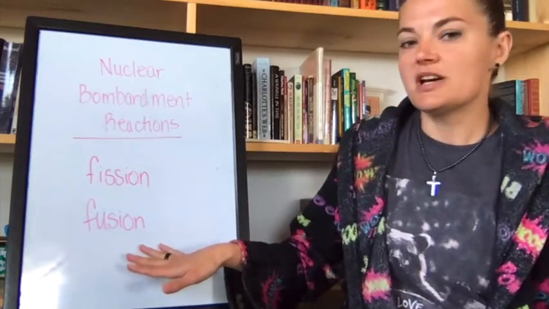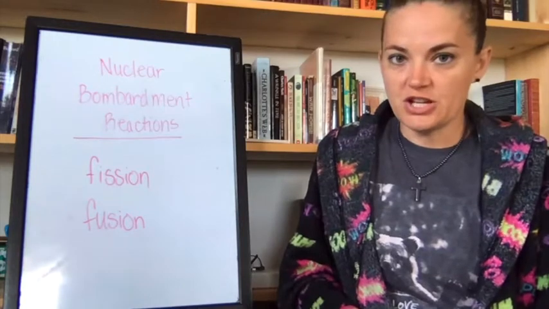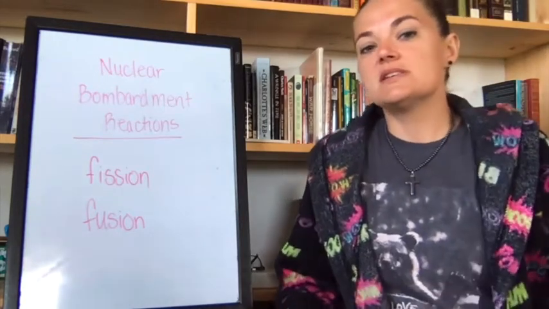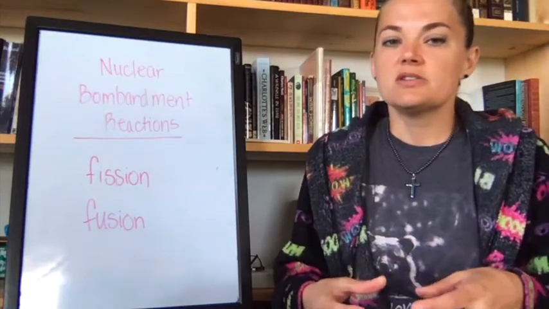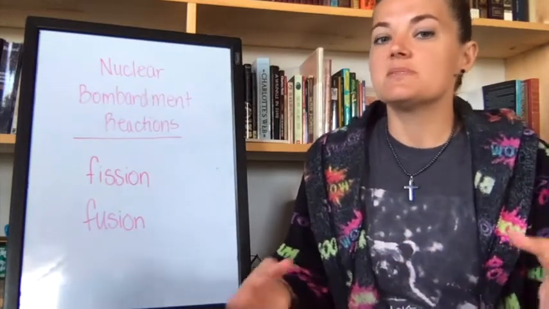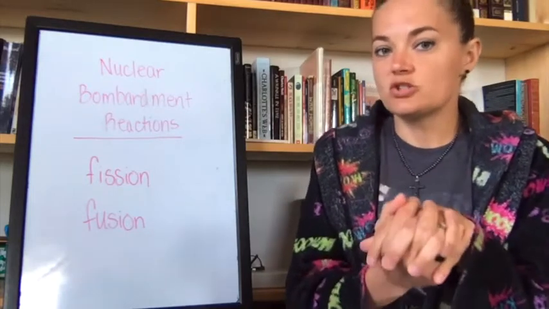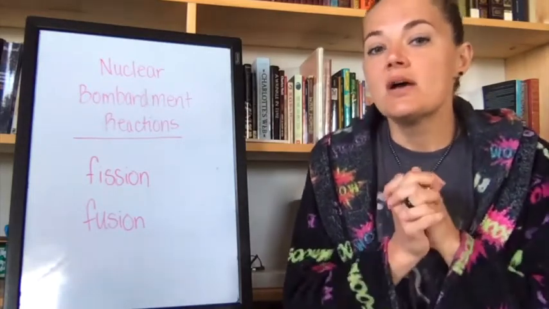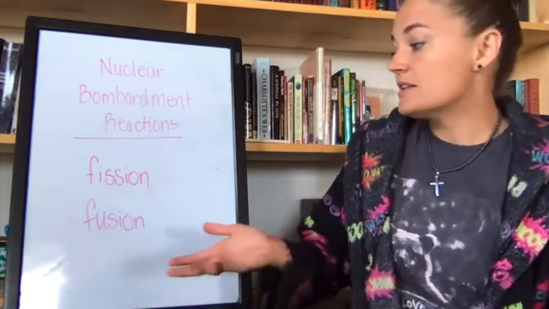Now, fusion is similar. It's kind of the opposite of fission, and that's when physicists put energy in to fuse atoms together. So they may be 2 unstable atoms. They put the energy causing them to unite into one larger atom, and when that happens, energy again is released, and that energy is a very strong energy.